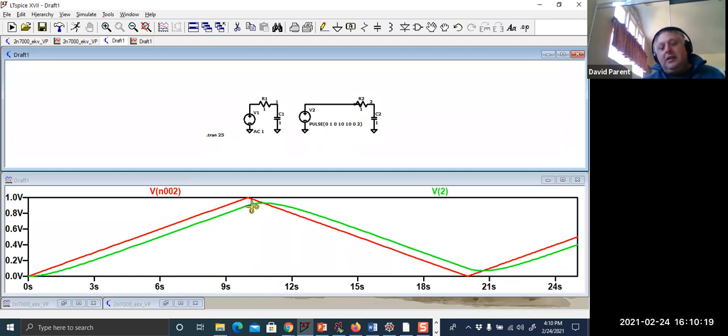Here's the thing: this shape is 20 seconds long and 5 tau is 5 seconds.